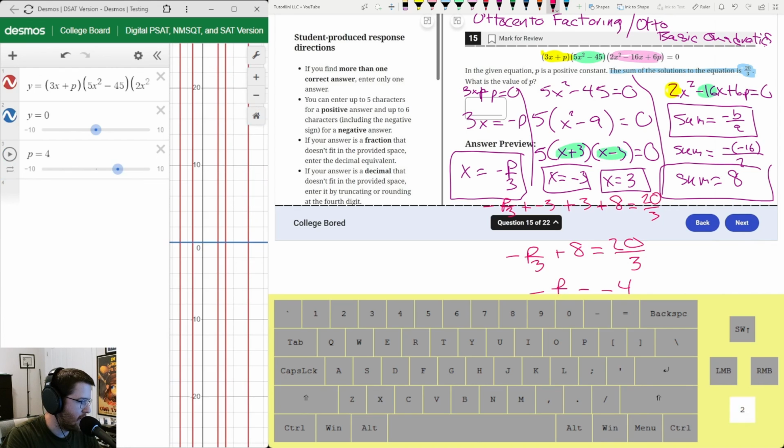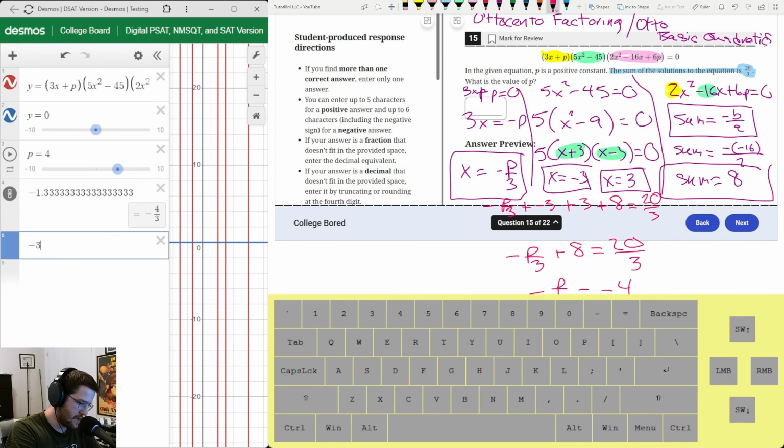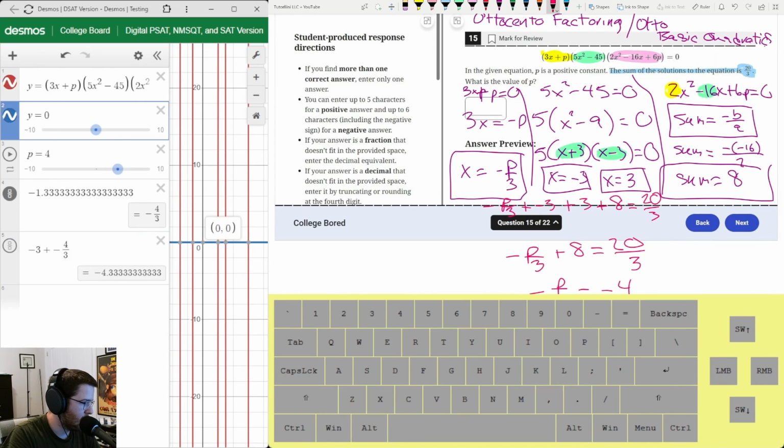All right, so we've got a bunch of solutions. The only messy one in all these is negative 1.333. That's negative 4 over 3. So we're going to just go from left to right. Negative 3 plus negative 4 over 3, that's this one, plus, sorry, not 0, that's not a solution, there's no red there. 2, 3, and 6.